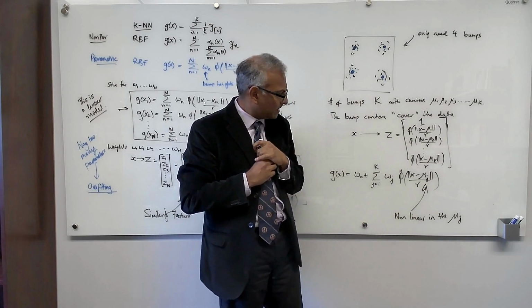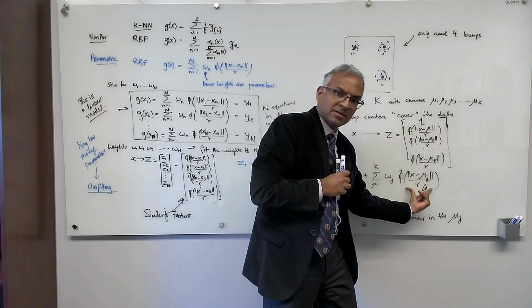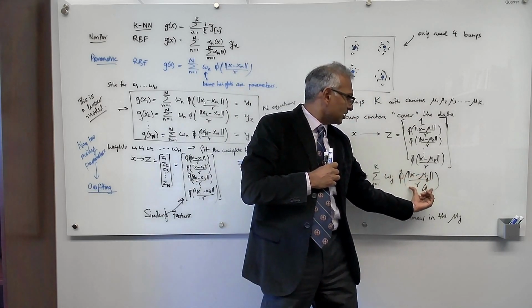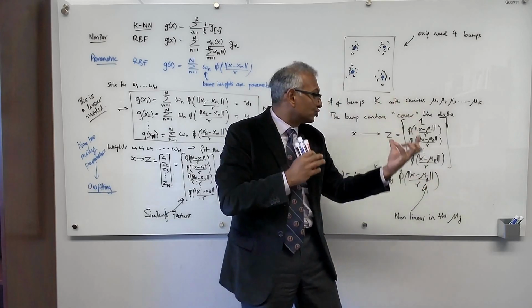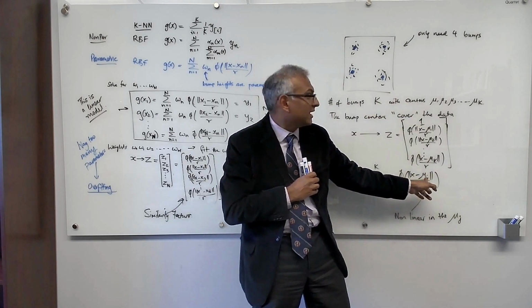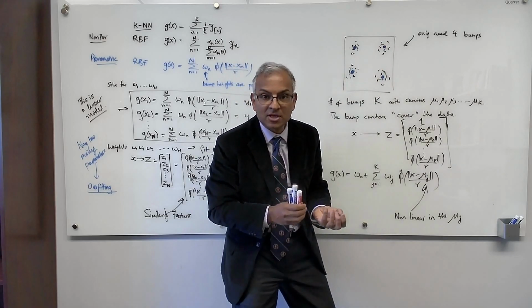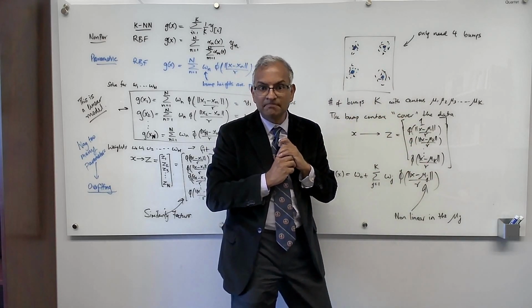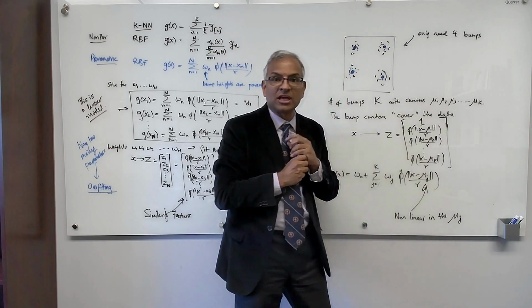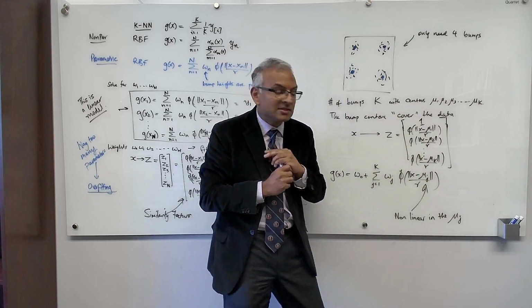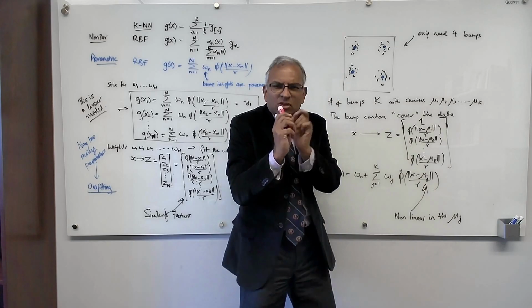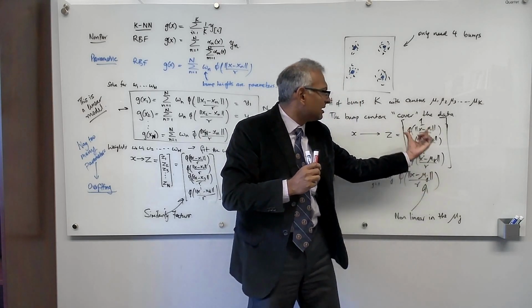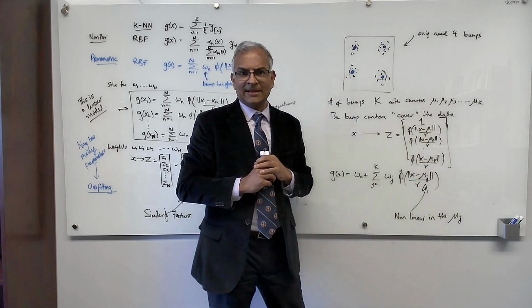Now, the interpretation of this nonlinearity is that you get to choose centers in your data. You get to choose prototypes that represent the data well, which means that you're engineering, you're tailoring the similarity features to the data.